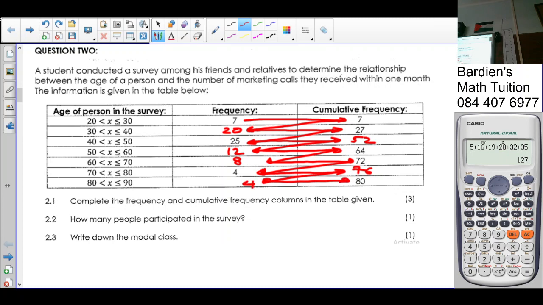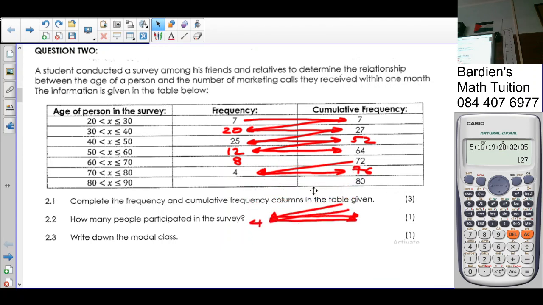The number has to be 4. And they have completed the third. Okay. Anything difficult there? No?